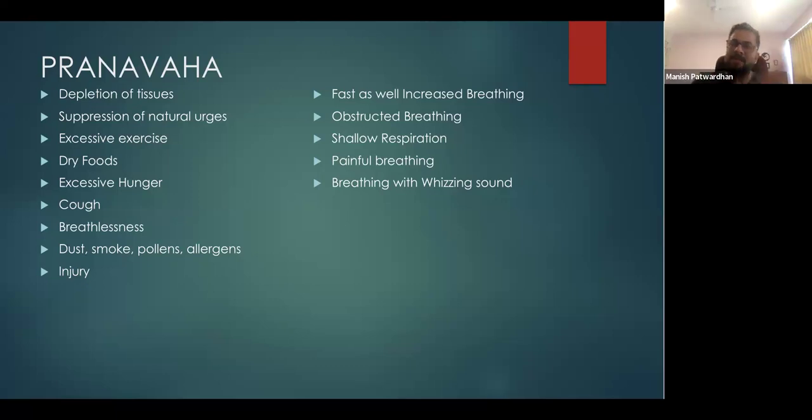And if vata aggravation takes place here, drying up of the avalambak kapha takes place. If the avalambak kapha dries up, that increases the friction between prana and udana, resulting in disturbances of the pranavaha srotas, resulting in all the signs and symptoms shown here, which are related to breathing problems.